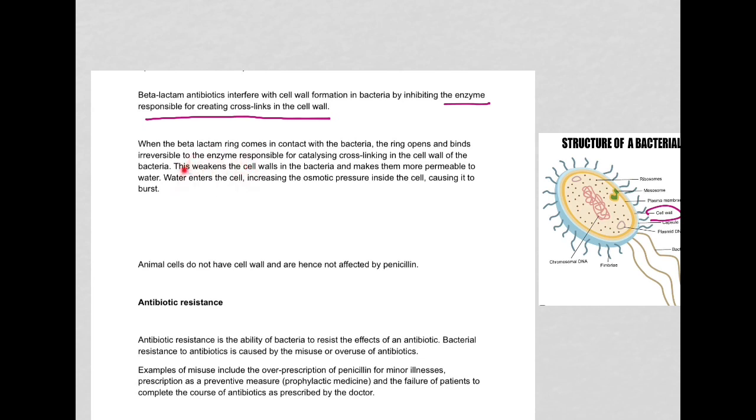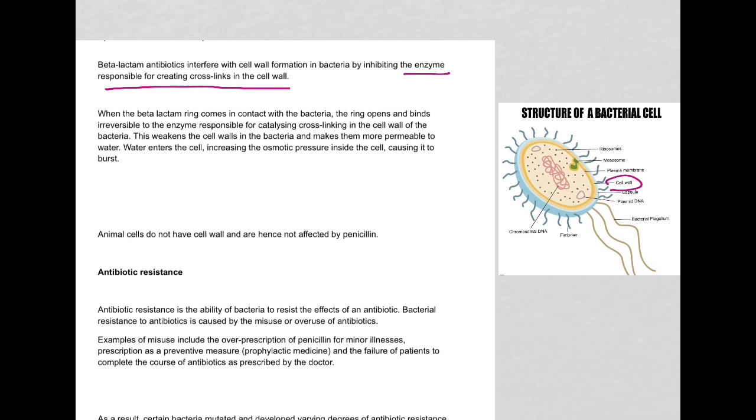And when the cell wall weakens, more and more water can come into the cell. And when water gets into the cell, the pressure inside the bacterial cell is going to become high, and it's going to burst the bacterial cell. So this is how the beta-lactam antibiotics act on the cell wall.